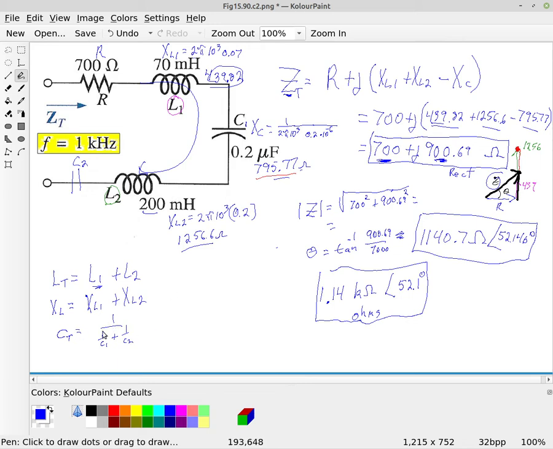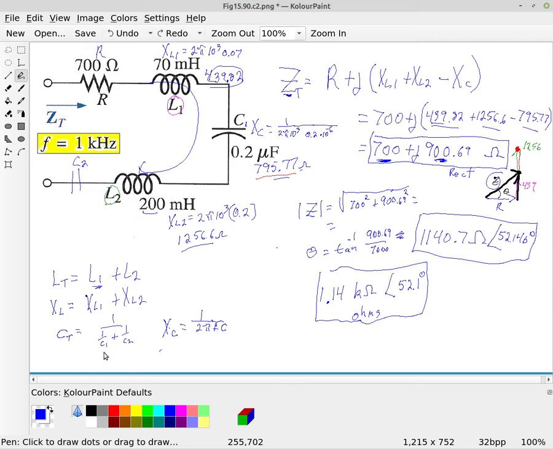However, when I go about to calculate the capacitive reactance of that, remember that the capacitive reactance already has the 1 over C in it, right? So the capacitive reactance is 1 over 2 pi times the frequency times the capacitance. And so it's already got this 1 over nature in it.